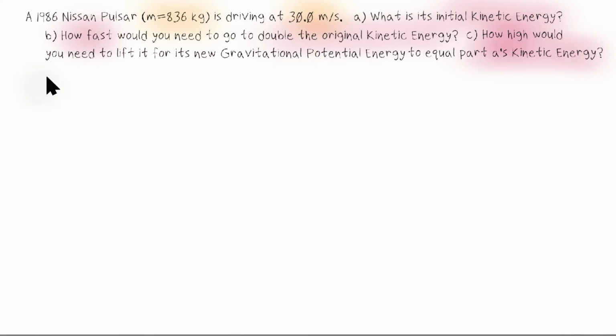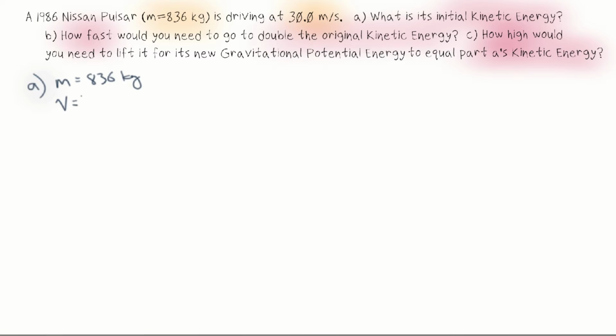So for part A, we are interested in the initial kinetic energy. What we're going to need to know is the mass, 836 kilograms.